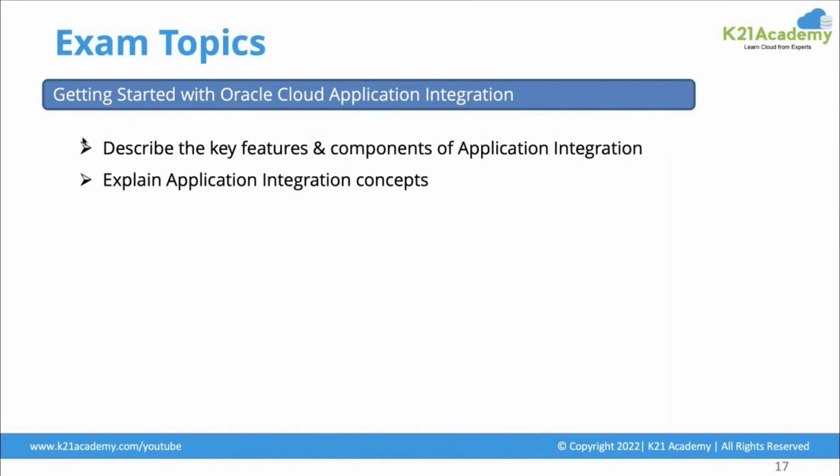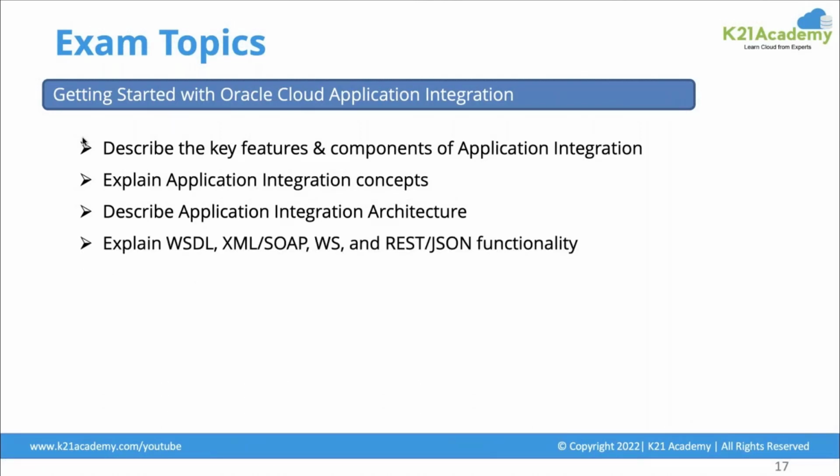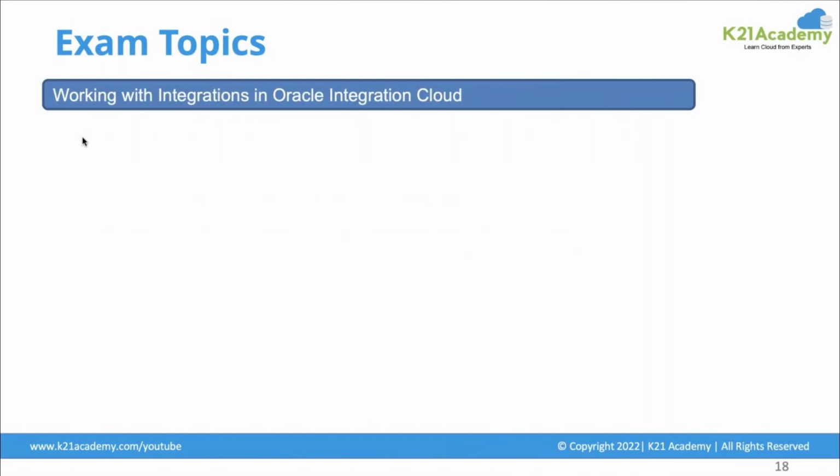Explain application integration concepts, there may be a question from this. Describe the application integration architecture, maybe some best practices kind of questions. You may need to answer questions like the difference between XML, SOAP versus REST, and JSON functionality. And then integration.